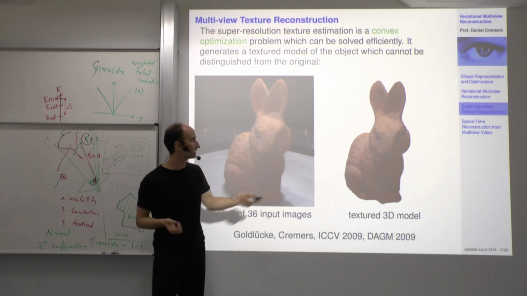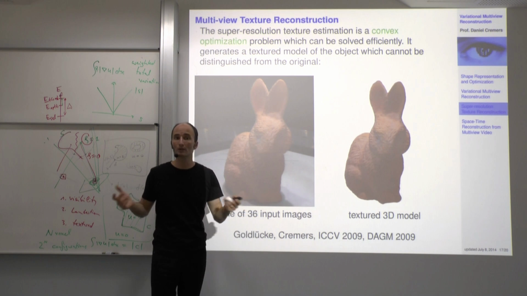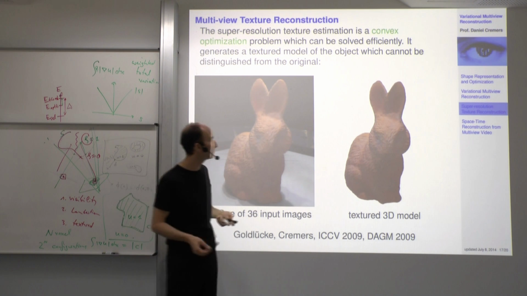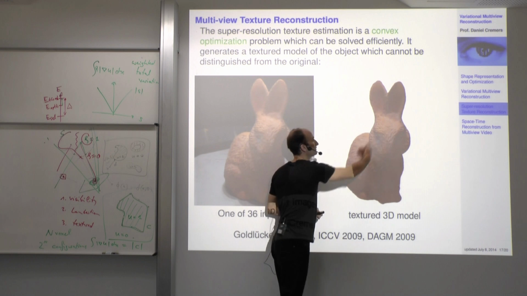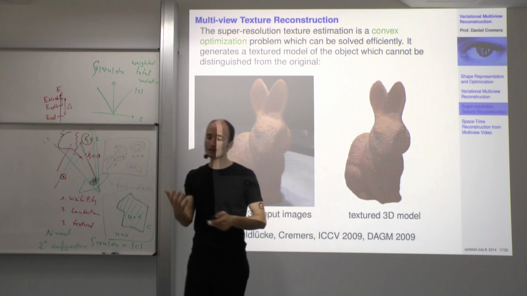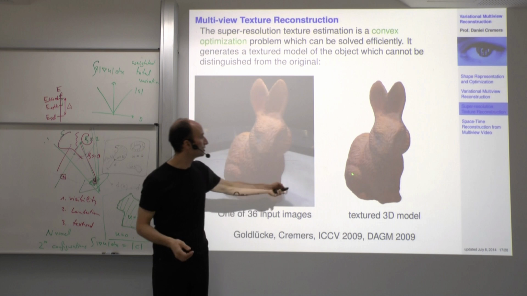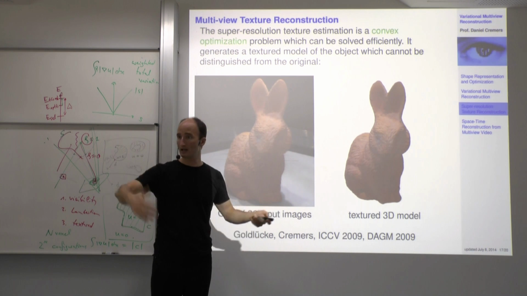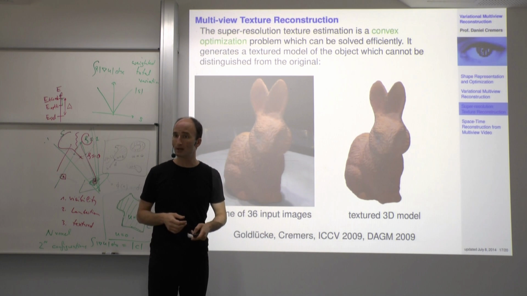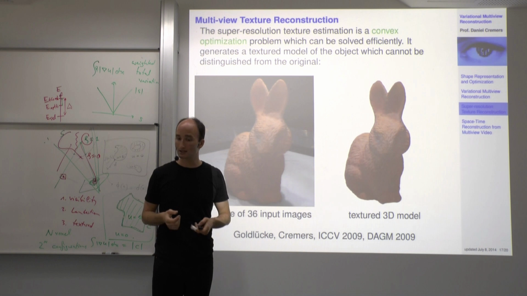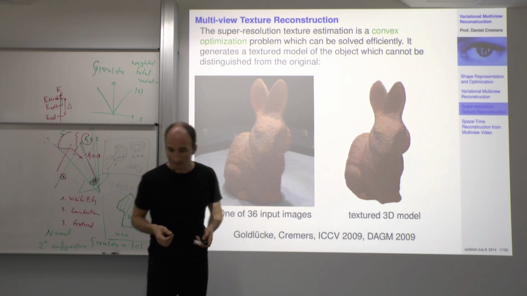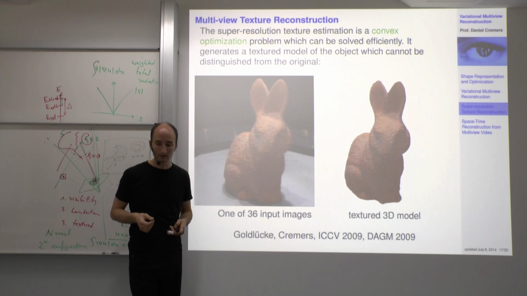That's because we're not actually modeling the illumination. We don't know where the illumination comes from. So we recover the sharp texture that we see in the images, and that includes the object color and the lighting dependent shading effects, etc. I mentioned that this is called a super resolution approach.